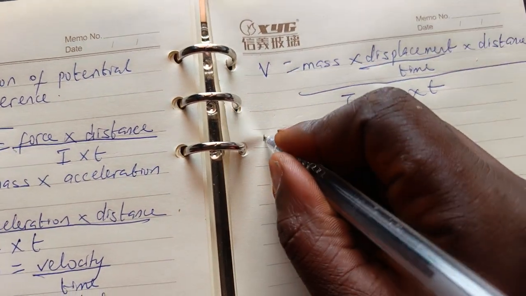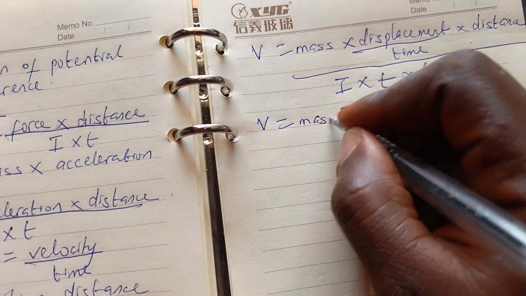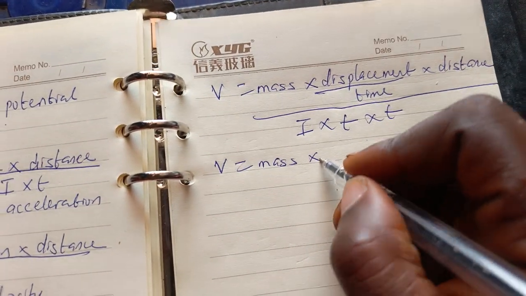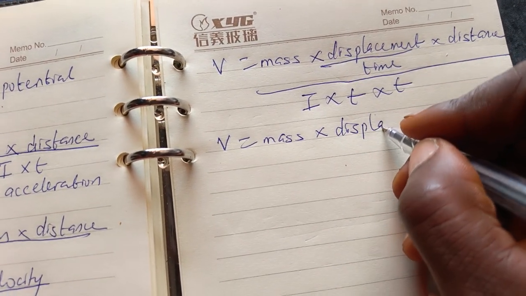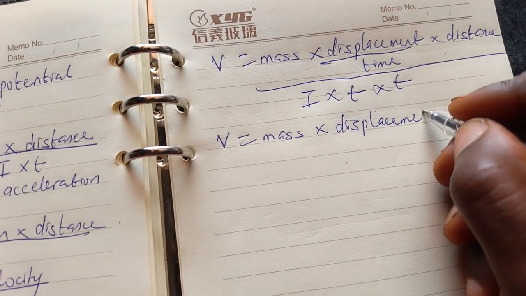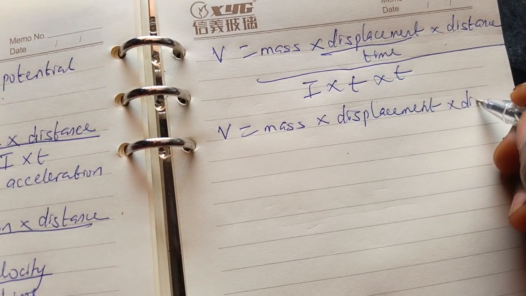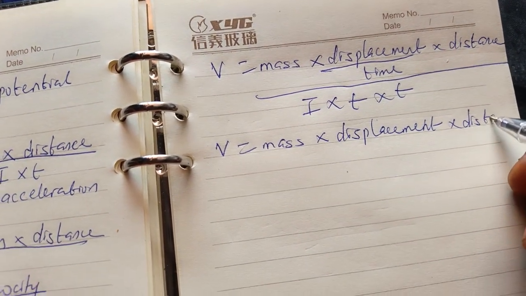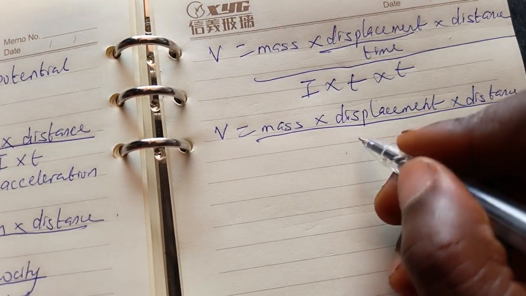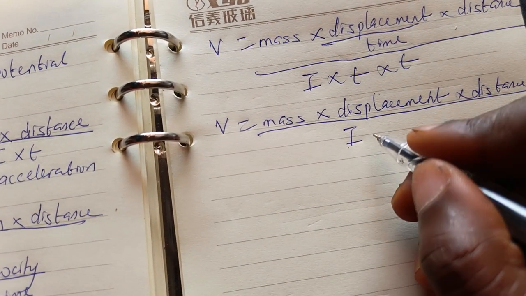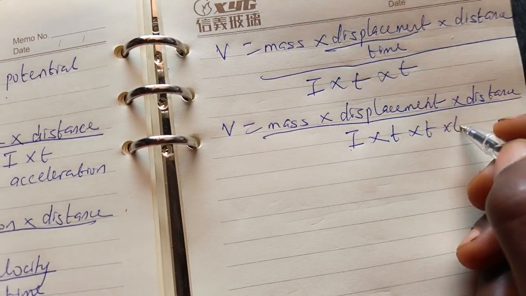So we now have that potential difference will now give us mass times displacement times distance divided by current times time.